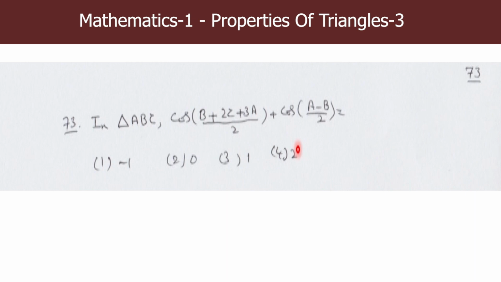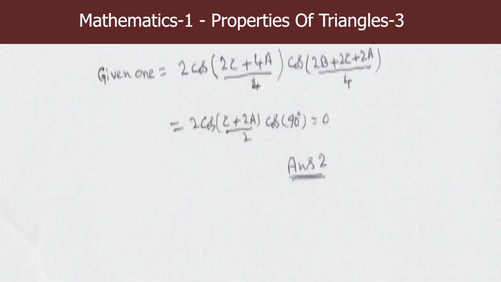73. In triangle ABC, cos (B plus 2C plus 3A)/2 plus cos (A minus B)/2 is equal to: 1) minus 1, 2) 0, 3) 1 and 4) 2. Now the given expression is equal to 2 cos (2C plus 4A)/4 into cos (2B plus 2C plus 2A)/4. Why?